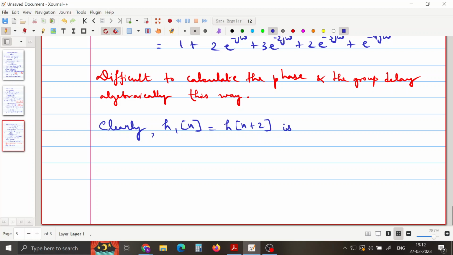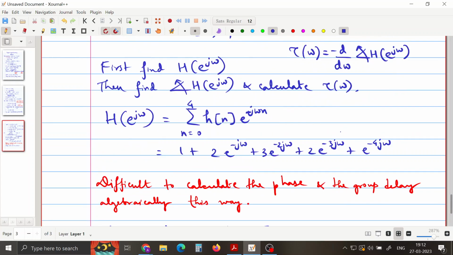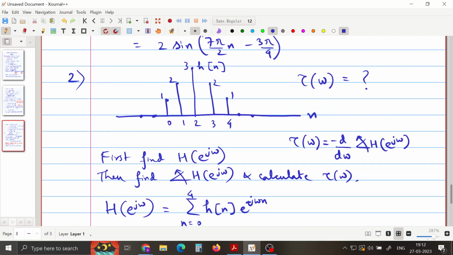Because this h1 of n would be real and even. h of n is already real valued: within 0 to 4 it takes the real values 1 2 3 2 1, and remaining it is 0.